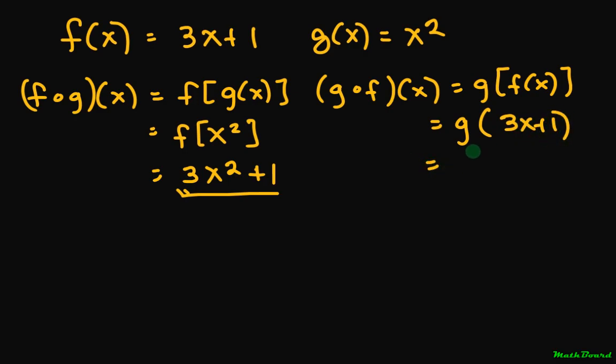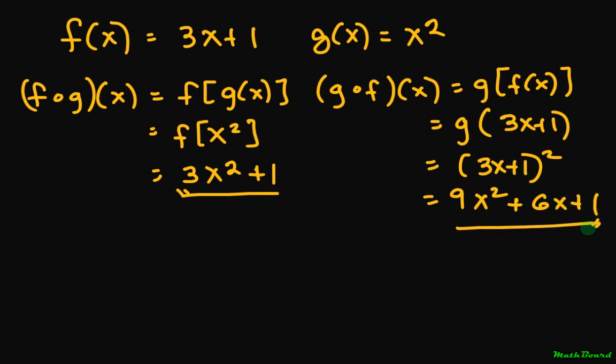And the answer would be the value of g of x when x is 3x plus 1. So we replace x by 3x plus 1. So 3x plus 1 is squared. Then to simplify this, we square 3x. 3x times 3x, 9x squared. Twice the product, 3x times 1, that's 3x, times 2, that's 6x. Then 1 squared is 1.